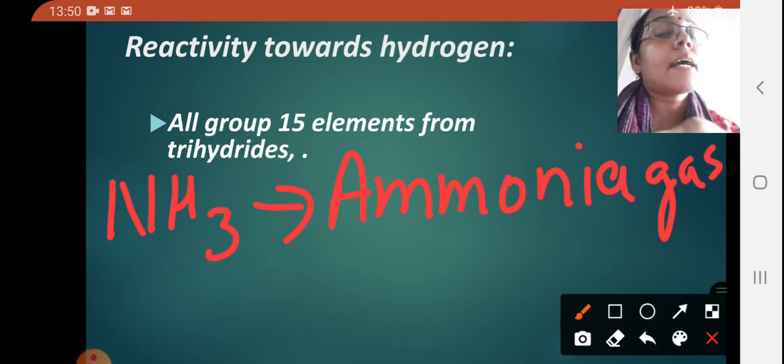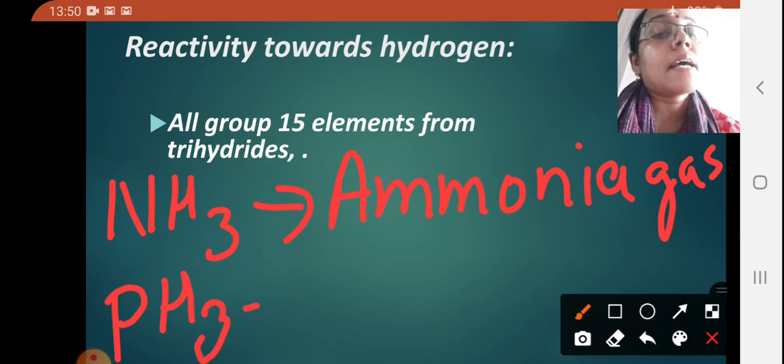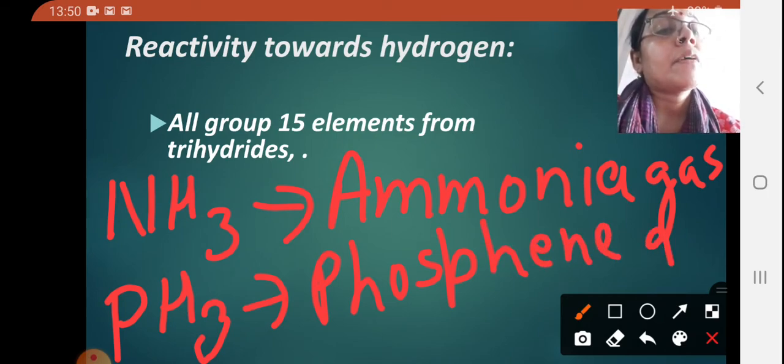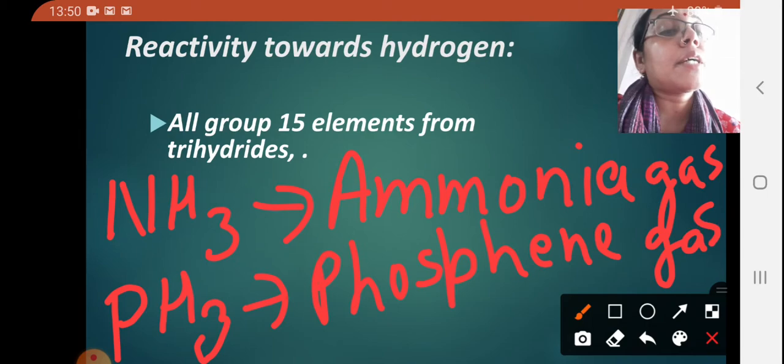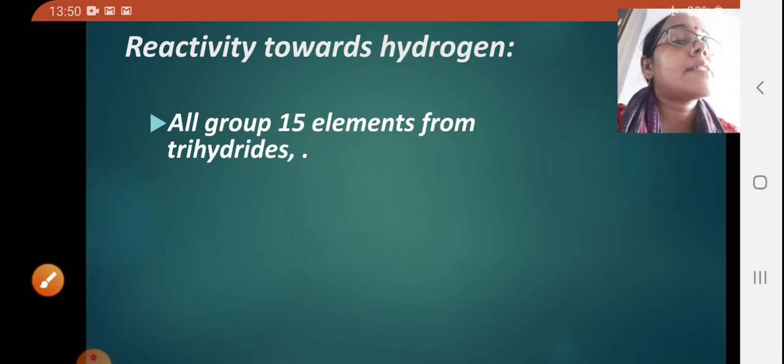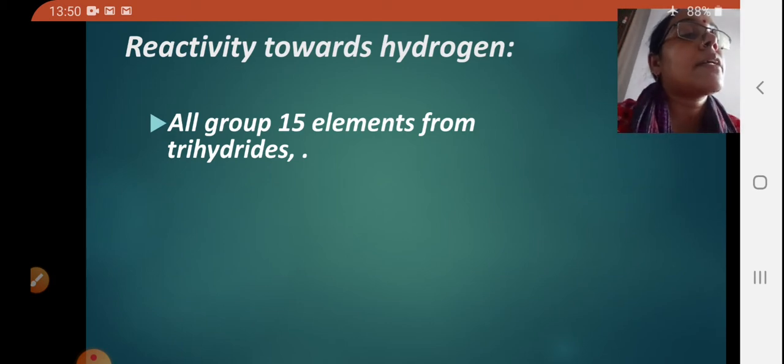It exists in gaseous form. PH3 is a very poisonous gas, known as phosphine gas. So both nitrogen and phosphorus can form trihydrides with hydrogen. All the members can form; I have just given the example of nitrogen and phosphorus.